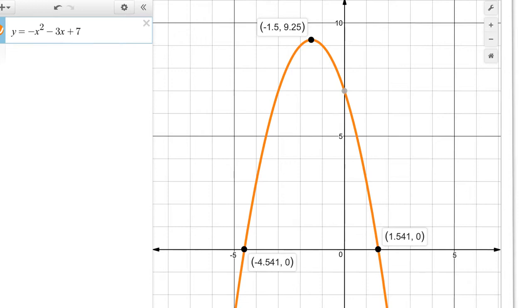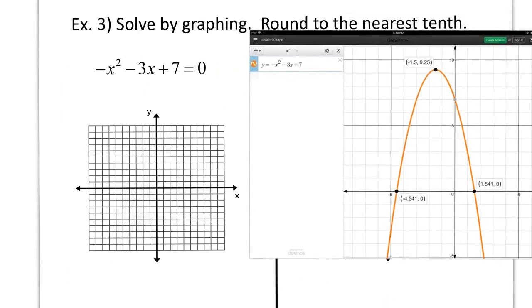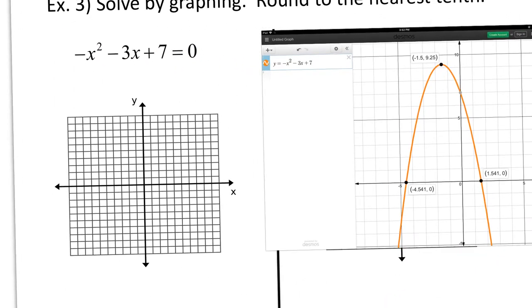Now, since we are going to graph on the coordinate plane, it's a very good idea to know what the vertex is. So using decimals, we also have the vertex here, which is at negative 1.5 and 9.25. They're all decimals, but they're going to help us graph the parabola. So I'm going to keep this on the side so I know what I need.